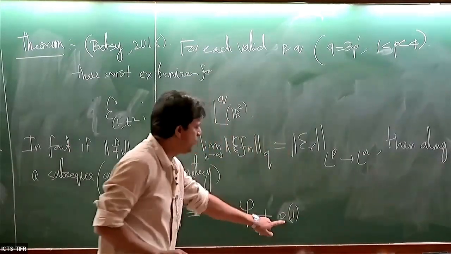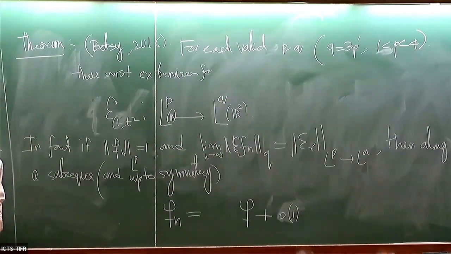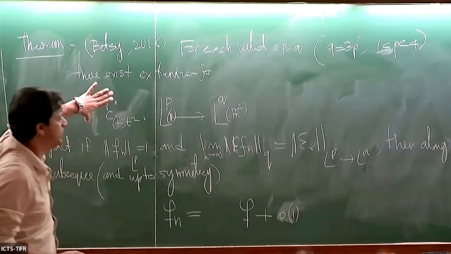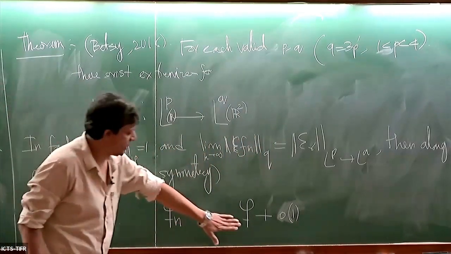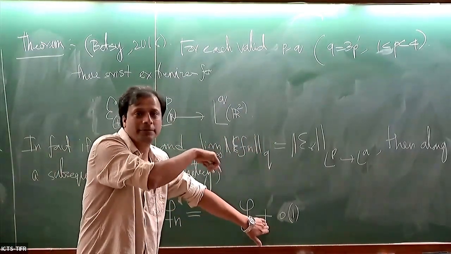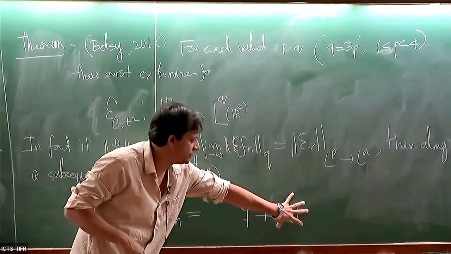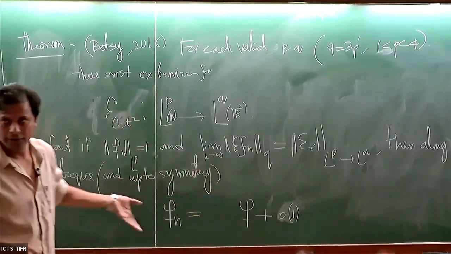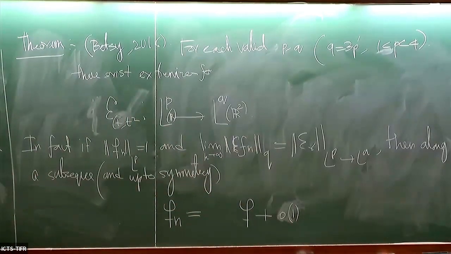Here, little o of 1 is a function in L^p whose L^p mass goes to 0. So you can always remember, if you have an extremizer to begin with, I can always choose an extremizer and perturb it negligibly, right? If I make sure that this perturbation goes to 0 as n goes to infinity, this is an extremizing sequence. And so what this says is that that's the only way we can come up with an extremizing sequence. Okay, so yes.